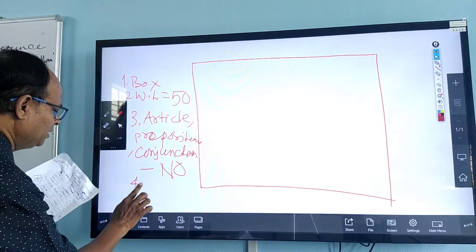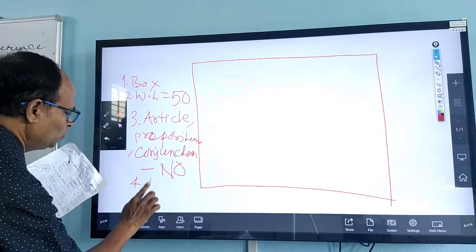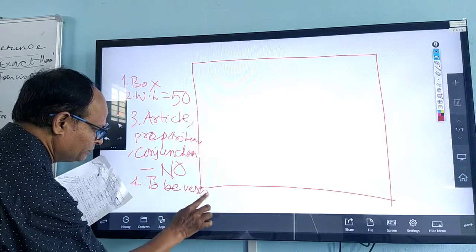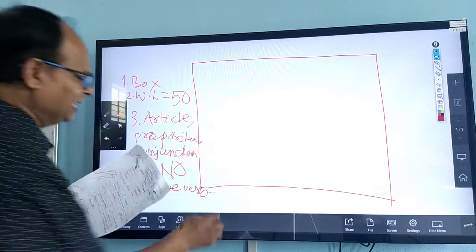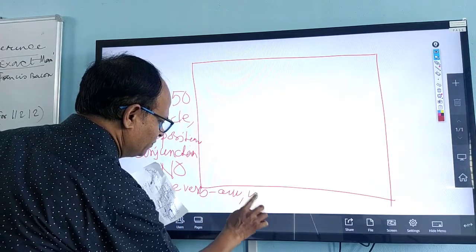And more particularly, the to be verbs, means am, is, are.